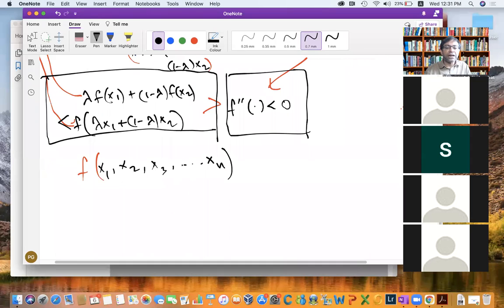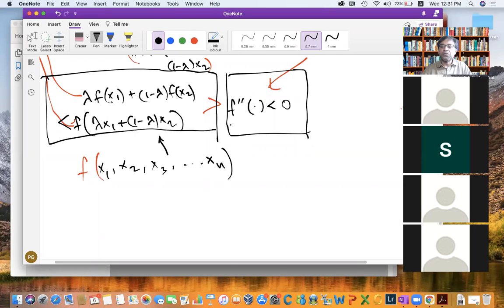So if I have a function like this, I know it's concave, that is to say it satisfies this inequality property. And I'm wondering, in terms of second derivatives, what can I say about this concave function? Since it's not a single variable function anymore, this is not sufficient. There has to be something more complex.